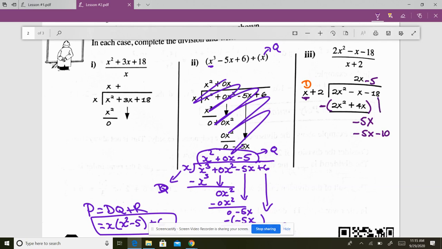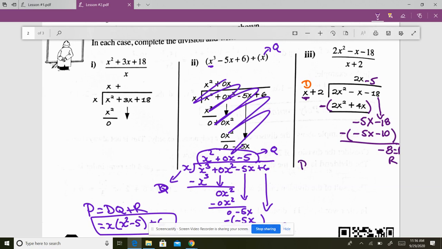Bring the 18 down. Put it right there, because then it all lines up. If you subtract these, what do you get? Negative 8, because the 5x's will go away. Negative 18 plus 10 is negative 8. That is your remainder.